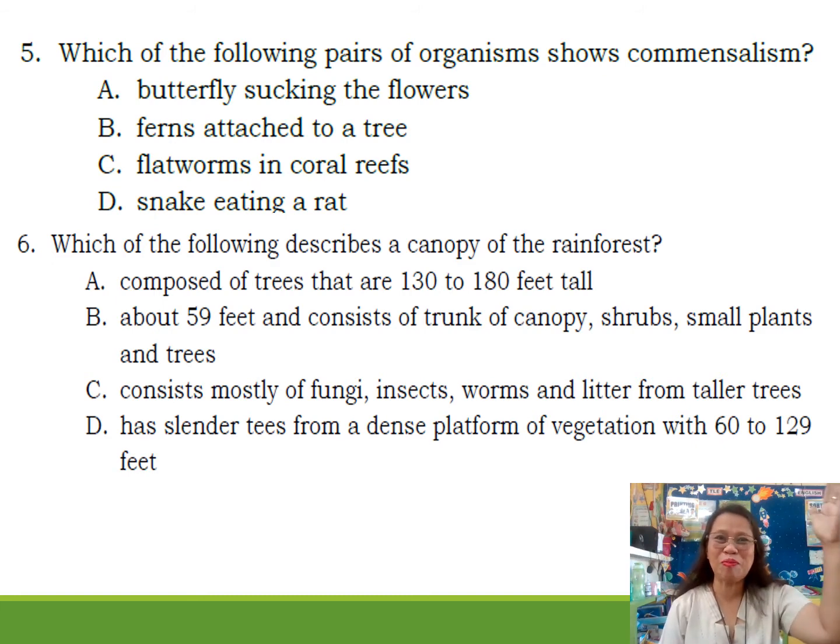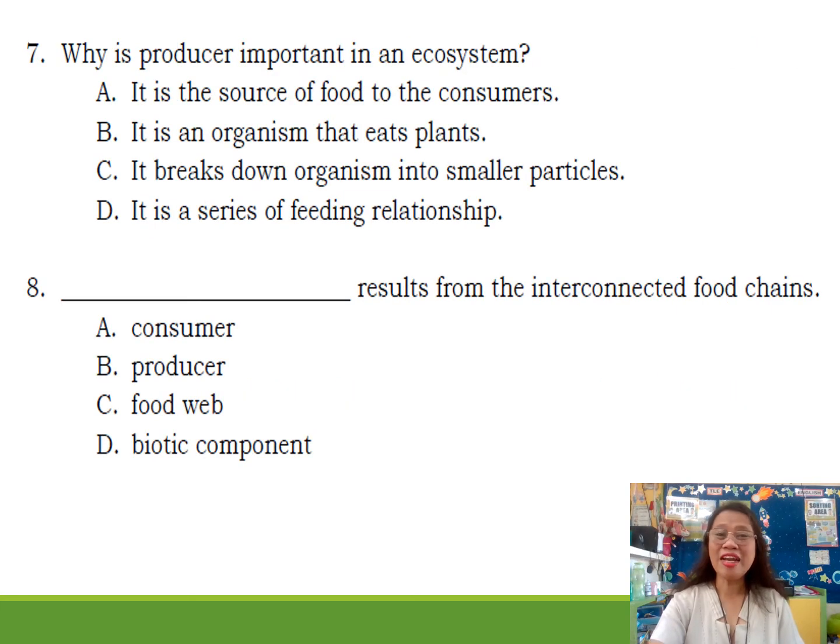Where is it found in the rainforest? Number 7. Why is producer important in an ecosystem? Producer, class, those organisms that produce their own food. Why is producer important in an ecosystem?